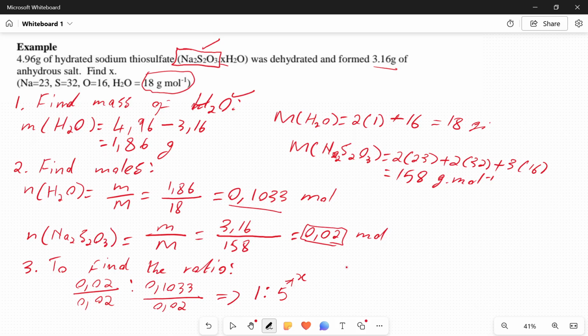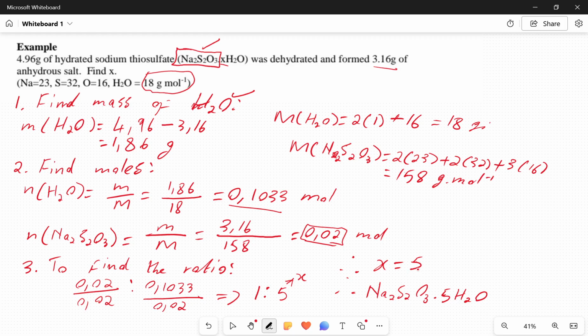So I conclude by saying therefore x is equal to 5. And then I'll write this whole formula with the 5. So I'll say therefore Na2S2O3.5H2O, and that's how I solve this problem.